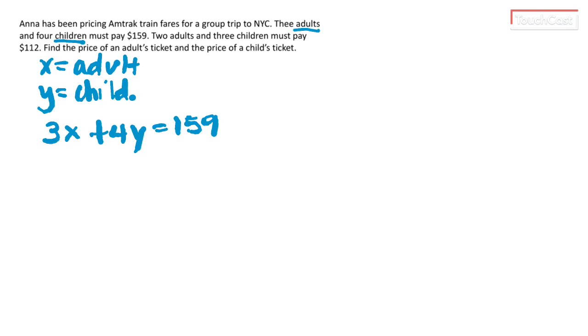But in this one, we just have information about the price, but we have 2 different kinds of combinations of tickets. This being combination number 1, and then we will find combination number 2, which is that 2 adults and 3 children must pay $112.